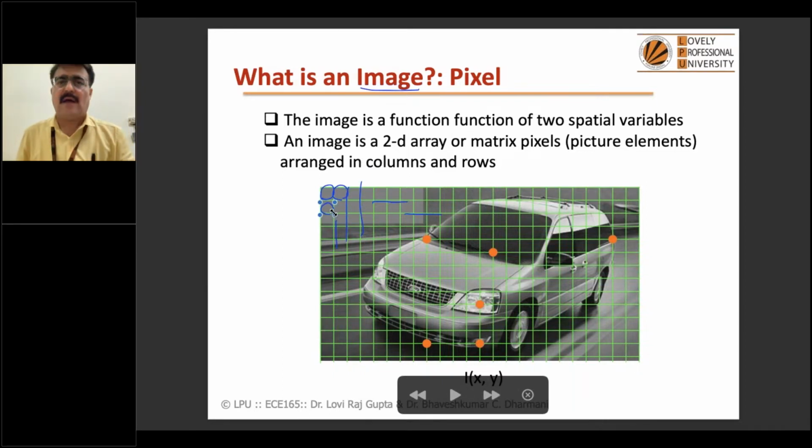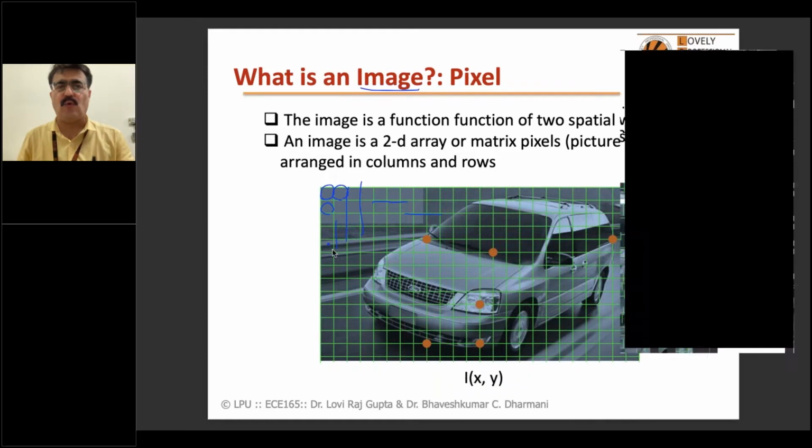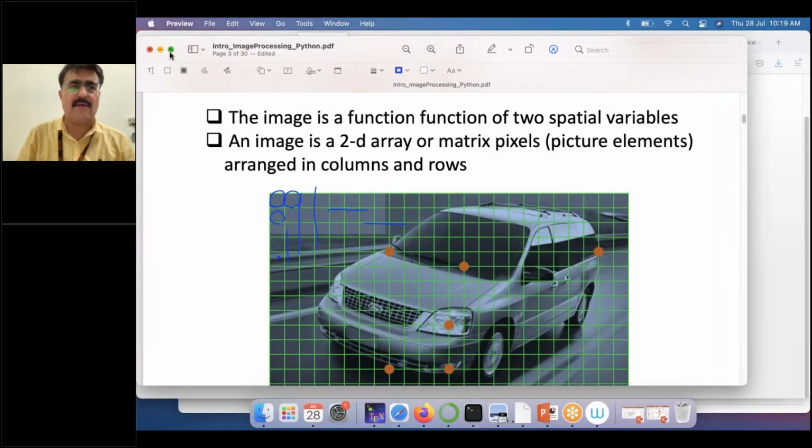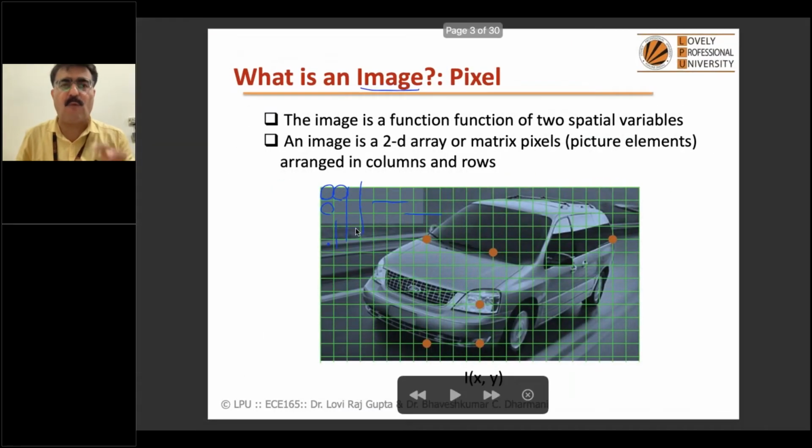Now, to represent the complete image, for every square region, this is one square region, right? We represent it through one particular pixel, as we call it. The color of that region we represent through one number.